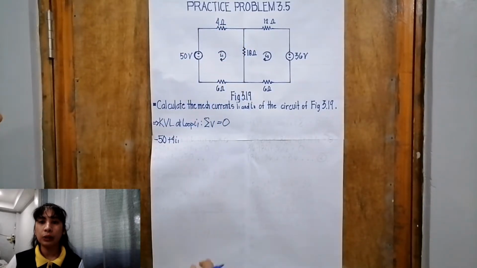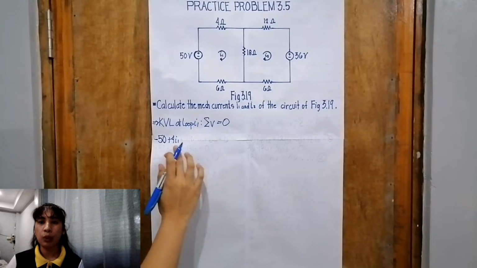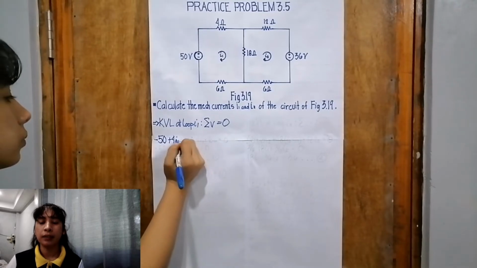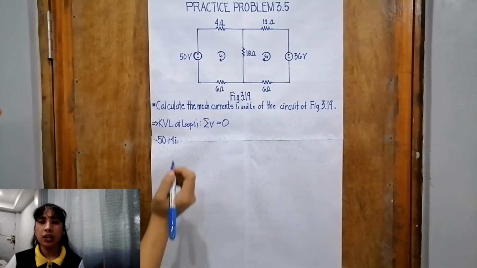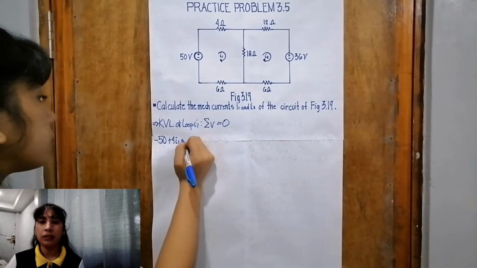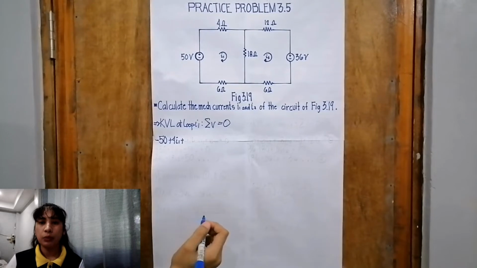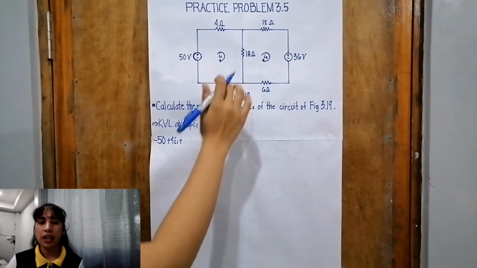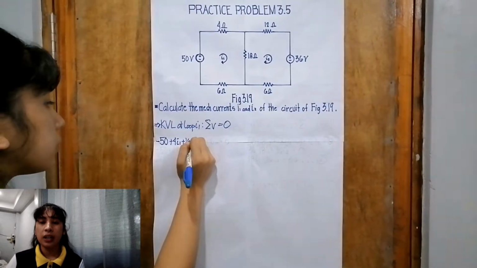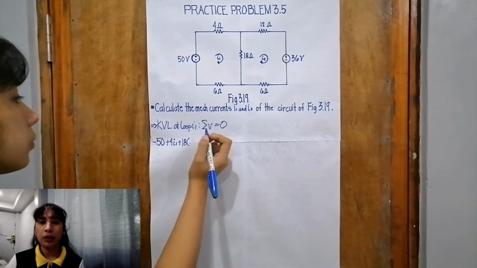So 4, but to get voltage we need to multiply it by I1 because it is the only current that pass through this resistor.